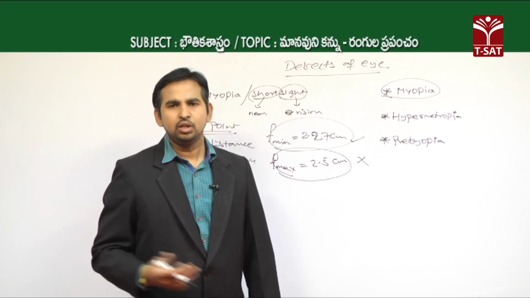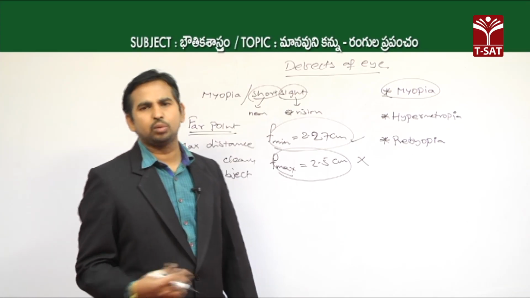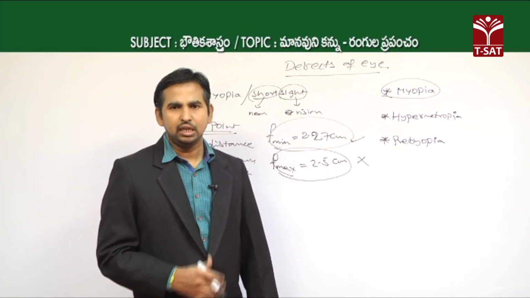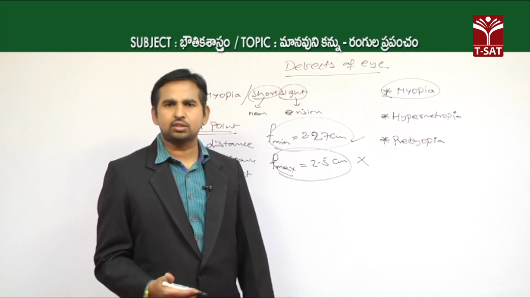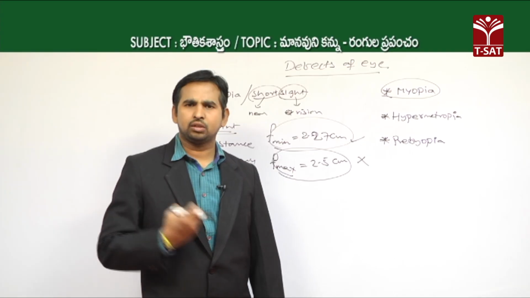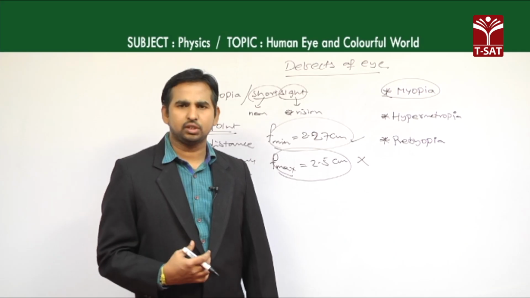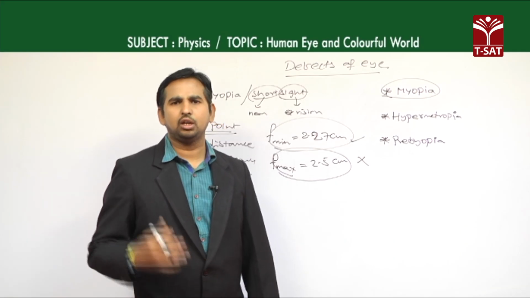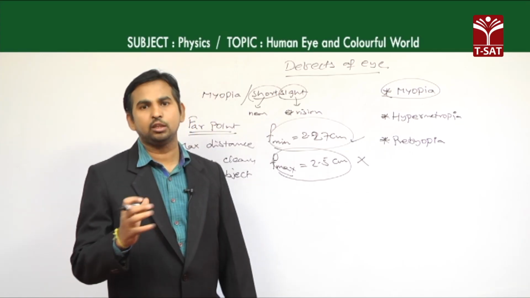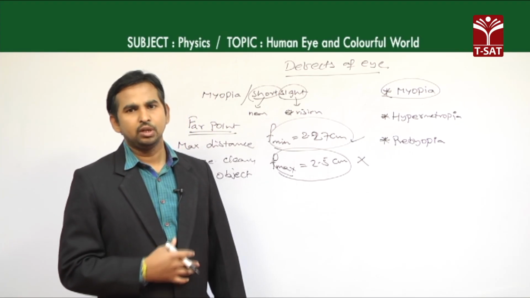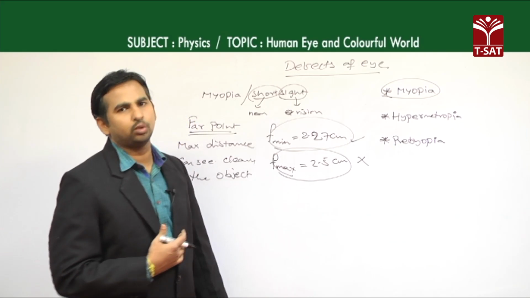In the case of normal vision without any defect, the far point is at infinity, so a healthy person can see objects very clearly up to infinite distance. But in this case, it is a fixed point, and that distance is what we call the far point.